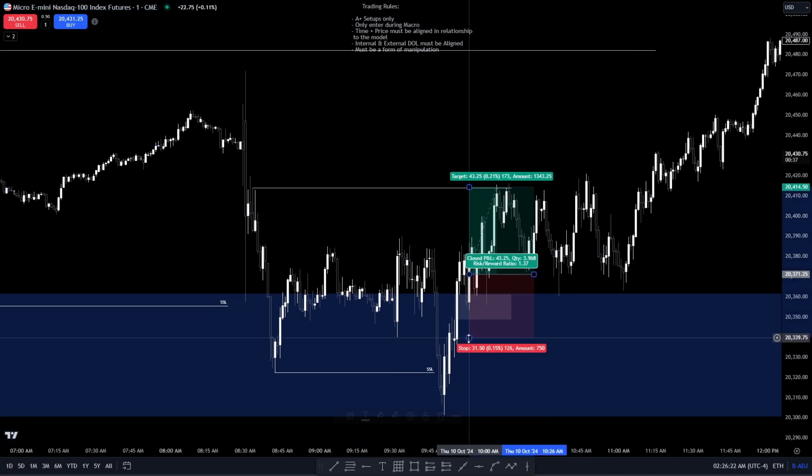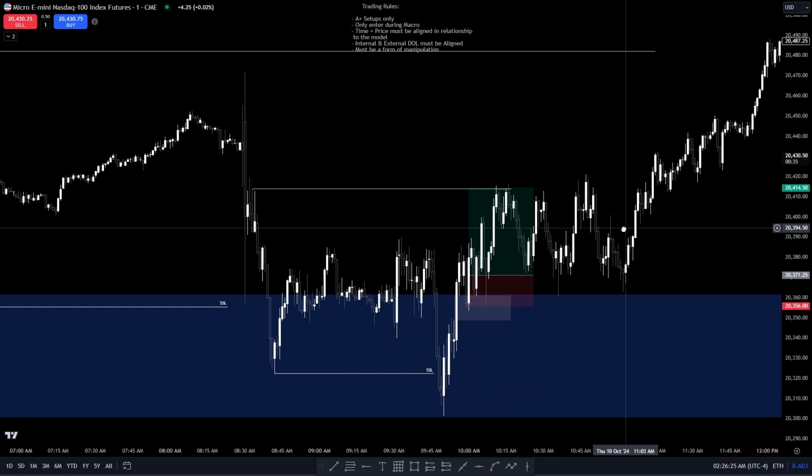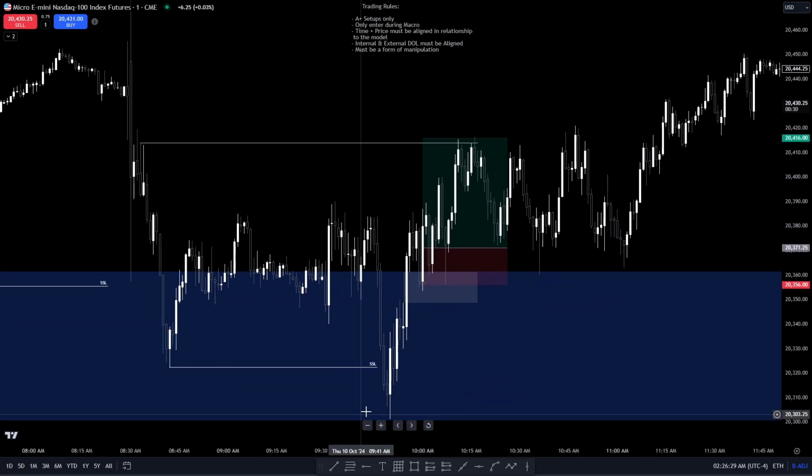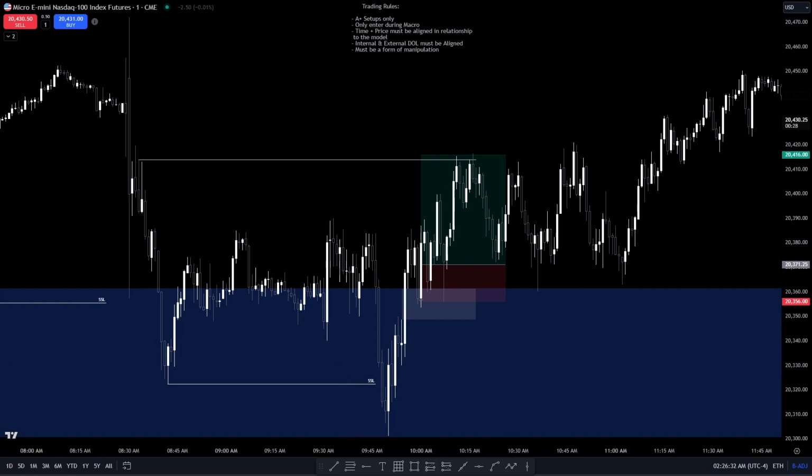If you discipline yourself to only take trades within a certain time period, that's the hardest part. Disciplining yourself to only take trades within certain periods or on certain days, whatever your data proves to you. Only taking trades whenever it's the most high probability for you, because as traders we naturally want to take trades every second of the day.